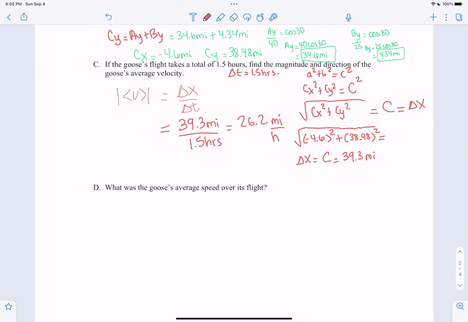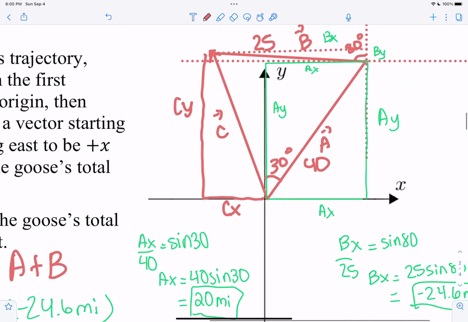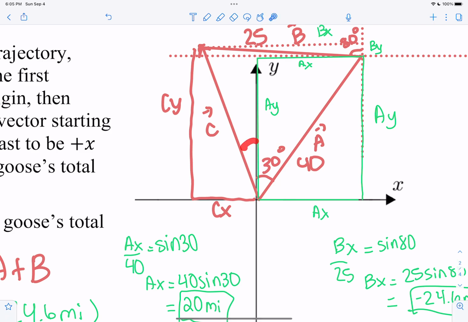And then we finally just need an angle to indicate our direction. If we want to figure out an angle, we can either do this one or that one.